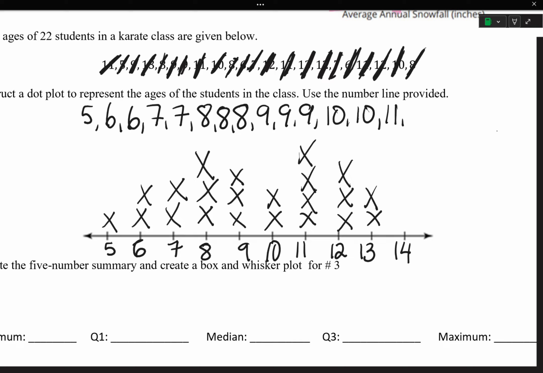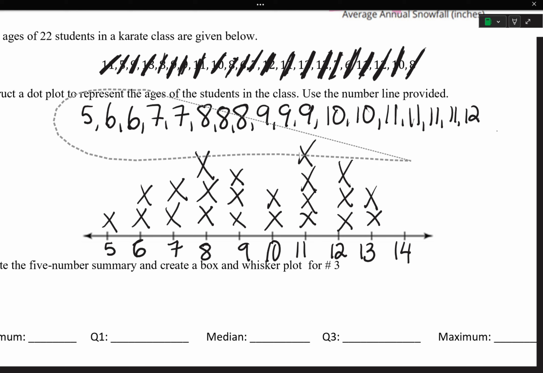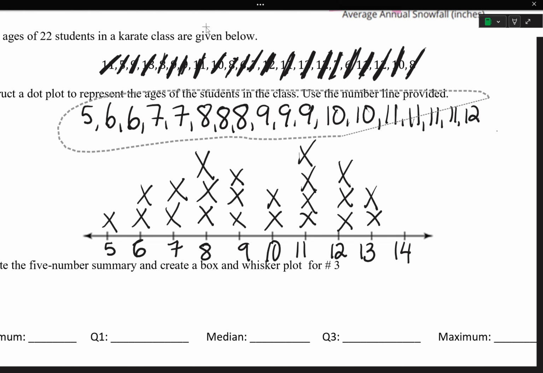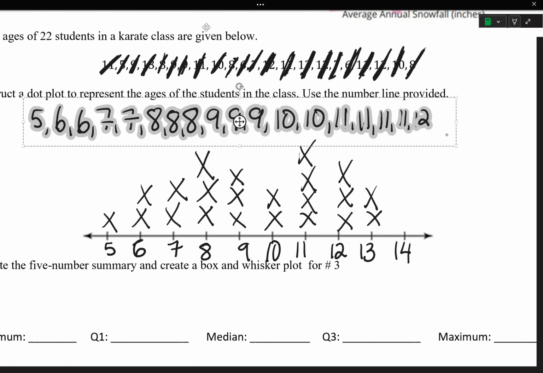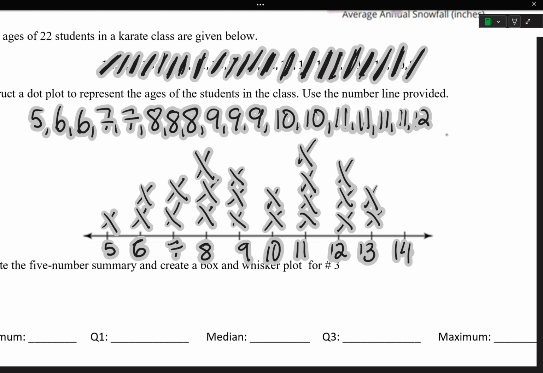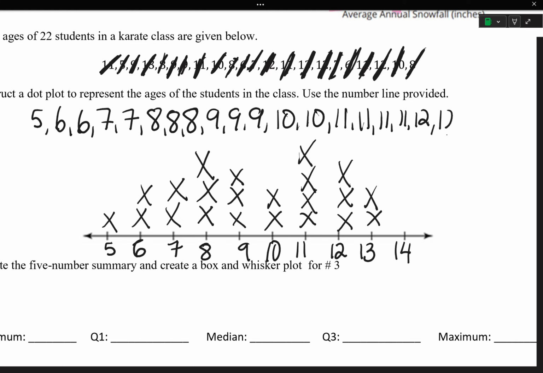Oh, because there's 4. 3 12s. Whoa, I'm running out of space. I'm going to use the magic of technology. Let's try that again. There we go. How many 12s? 3. And 2 13s is beautimous.